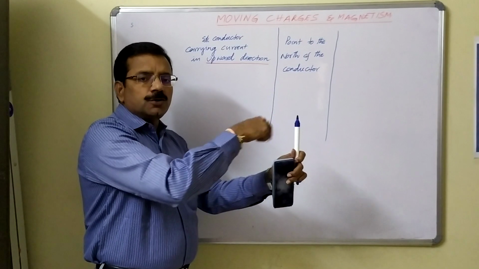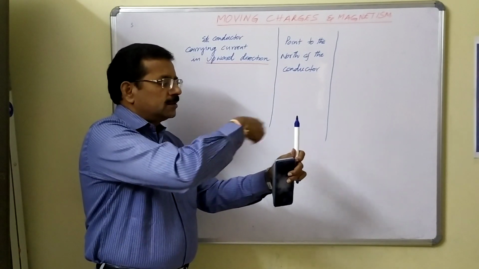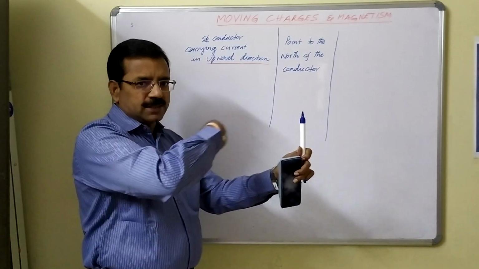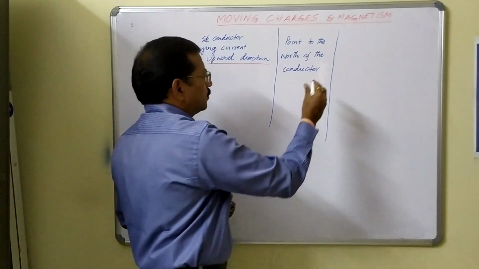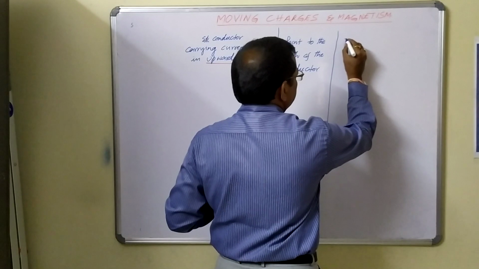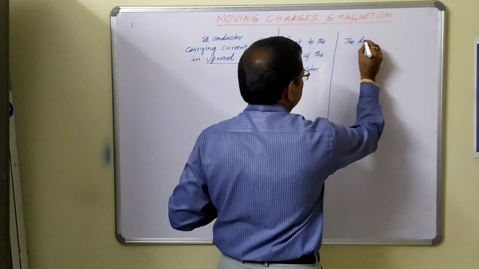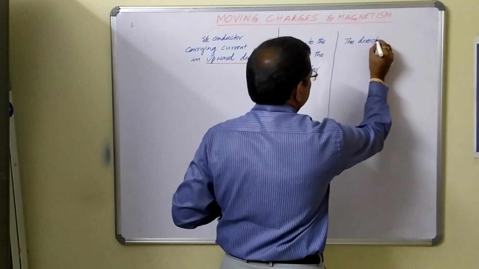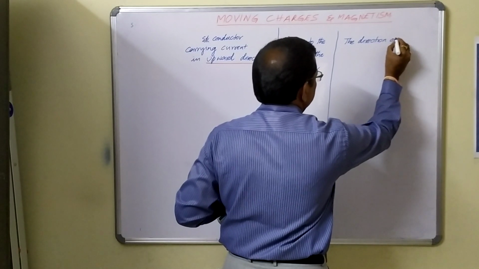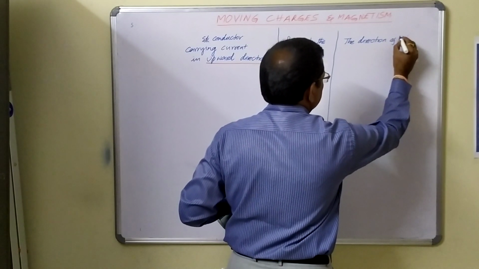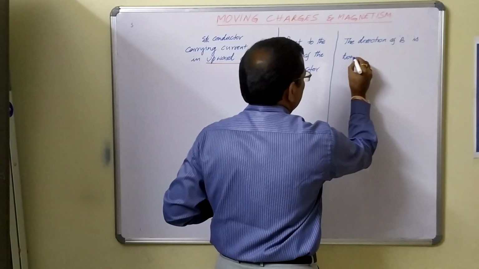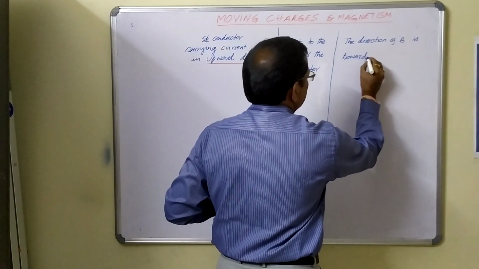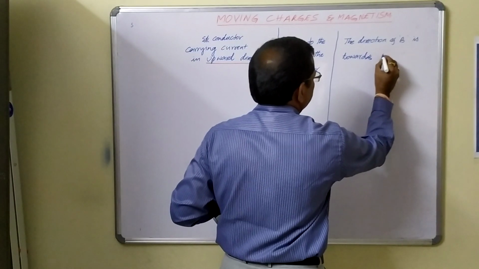At this point, if you draw a tangent, the tangent will be towards west. To your left means towards left. So, the direction of B, magnetic field induction, is towards left, towards west.